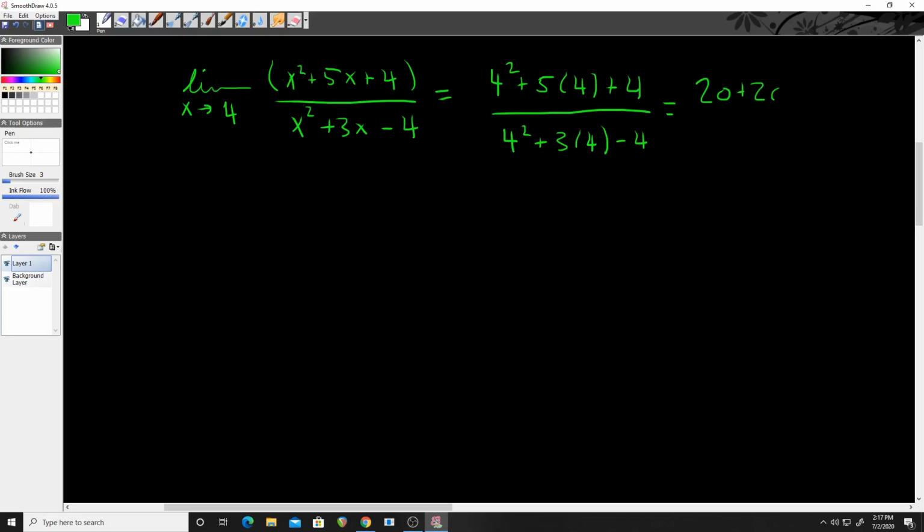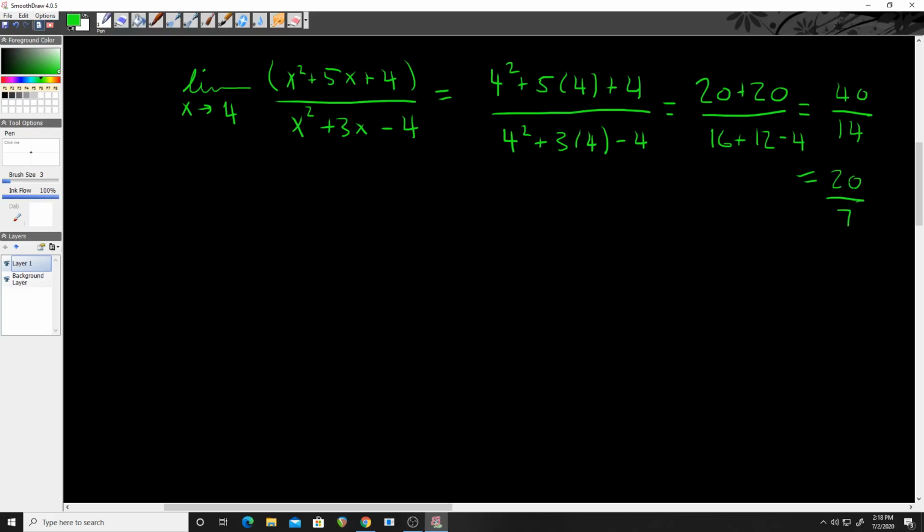We get 20 plus 20 because 5 times 4 is 20 as well. And then on the bottom we get 16 plus 12 minus 4. And there we go, 40 over, and then 16 plus 12 is 28, 28 minus 4 is 24. So 40 over 24, of course, is going to reduce to 5 over 3.